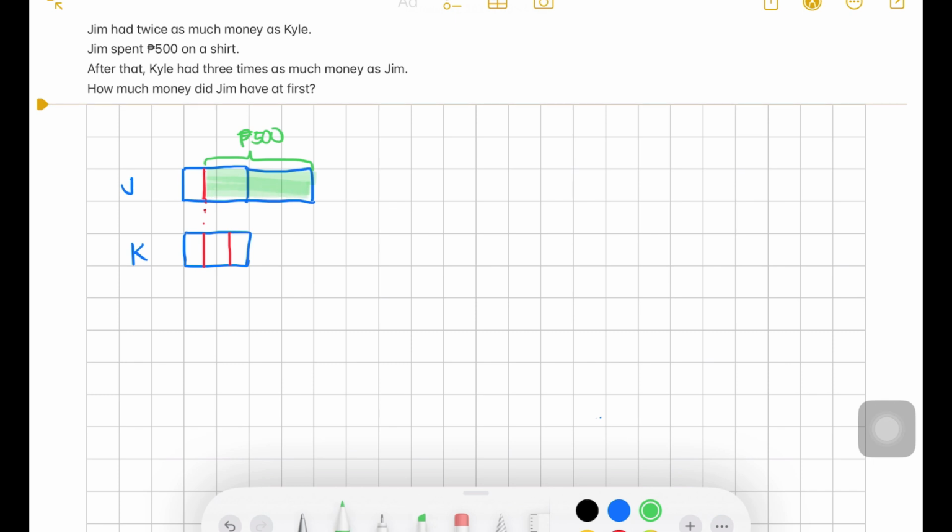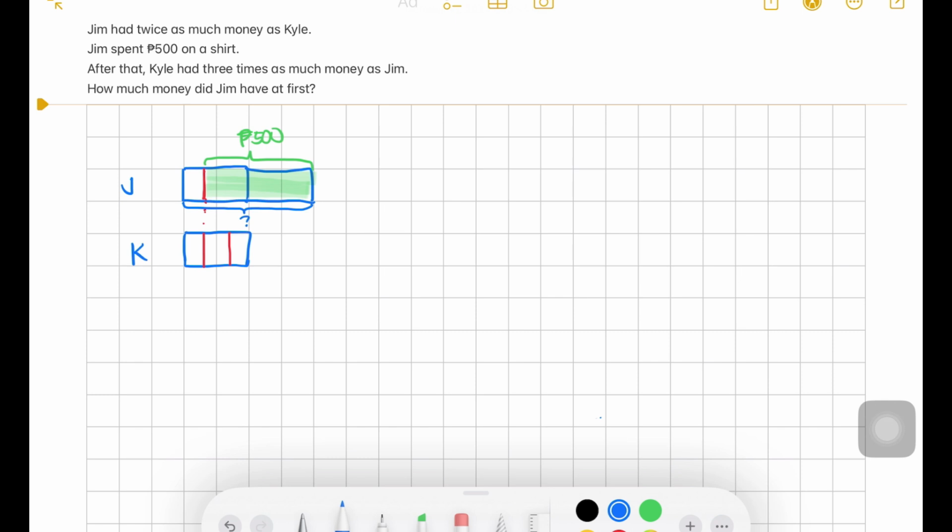All right, so given this, we are looking for the amount of money Jim had at first. So let me just label that. How are we going to find that? Okay, so our model is not of the same sizes right now. So remember, we're looking for 1 unit.